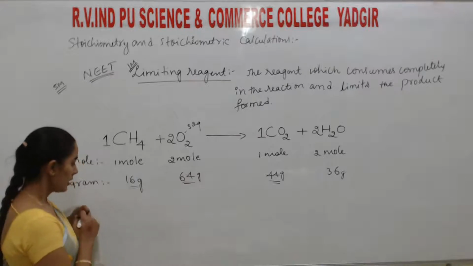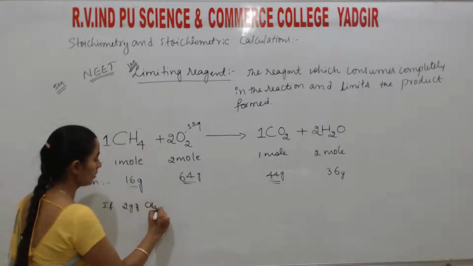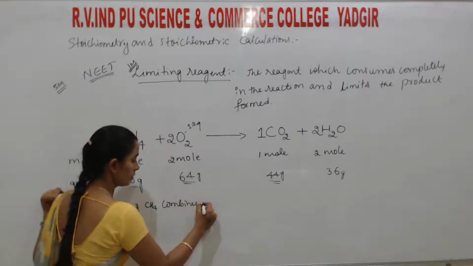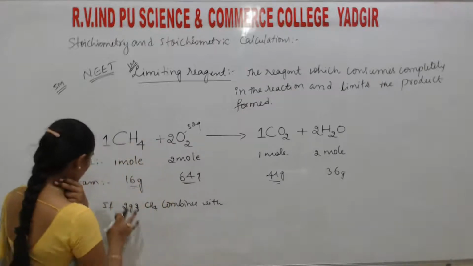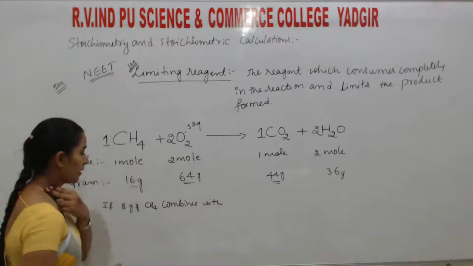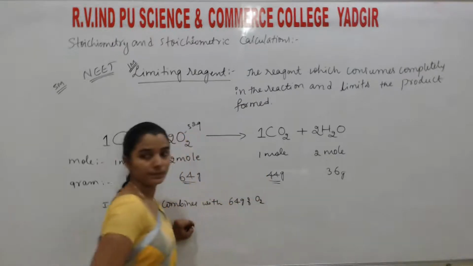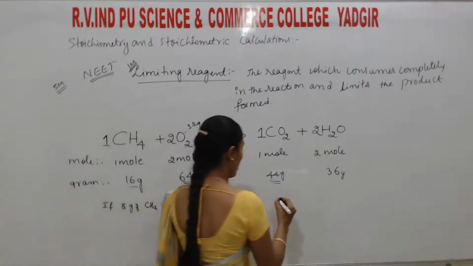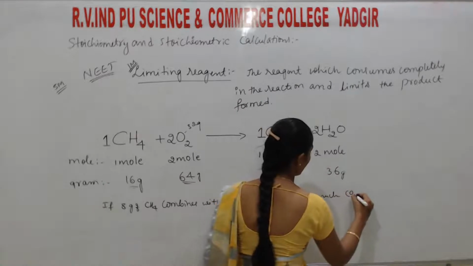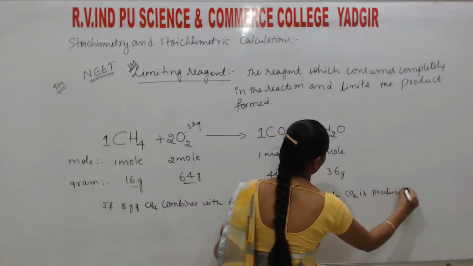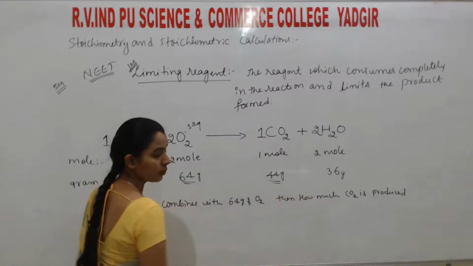Listen, here the question is, if 8 gram of methane combines with 64 gram of oxygen, then how much CO2 is produced? Remember this.